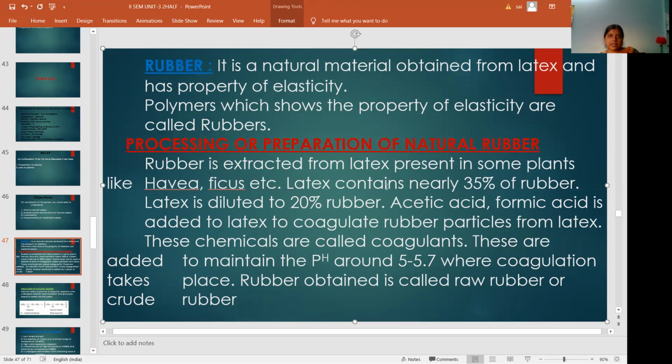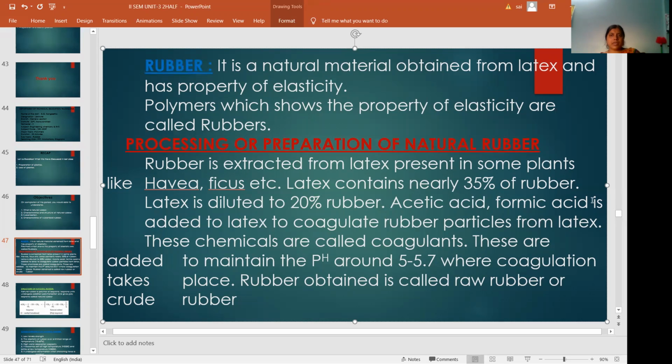Latex contains nearly 35% of rubber. So whatever latex we get from the trees, that latex contains how much percent rubber? 35% of rubber. Latex is diluted to 20% rubber. Diluted means we are adding water.